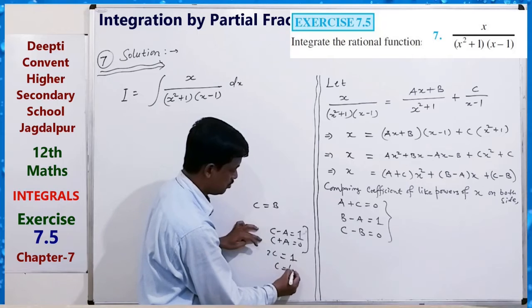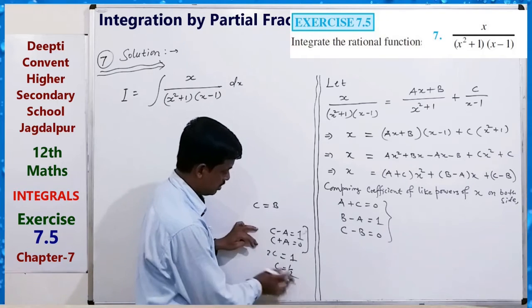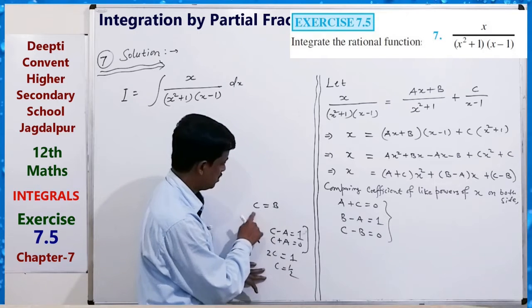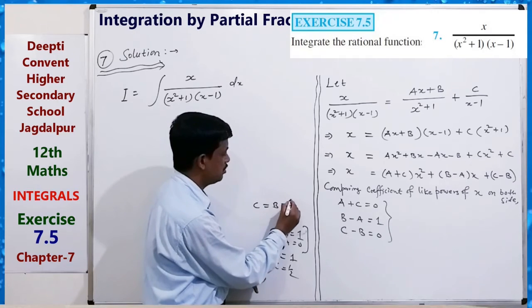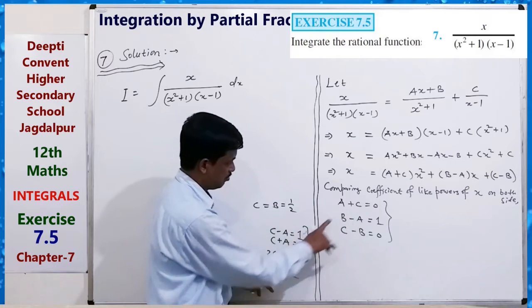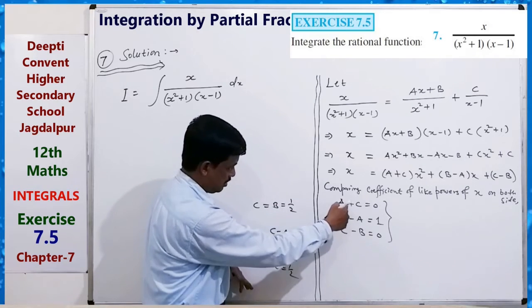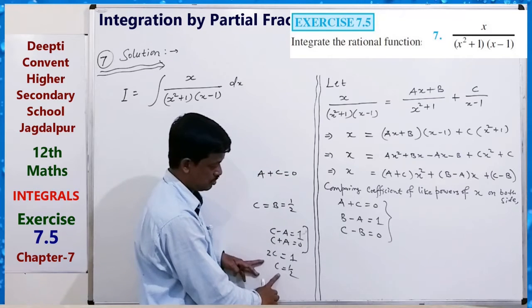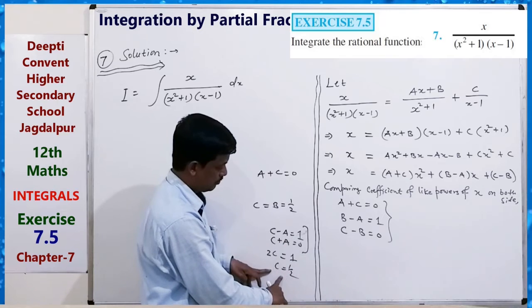1. So c equals half. c equals half means b also equals half. So b, c both are half. If c equals half, then you can get a from here. a plus c equals 0.